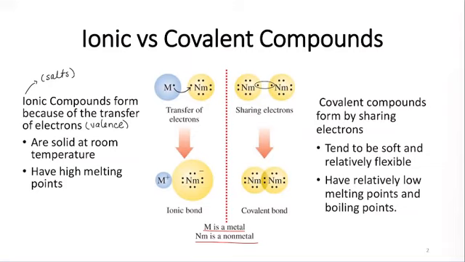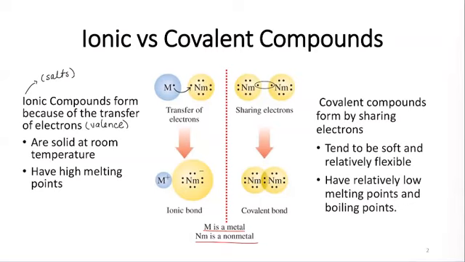In the transfer of electrons, as you guys can see here, the metal is going to transfer electrons to the non-metal. In that transfer, because the metal is losing electrons, it's going to become an ion charge.